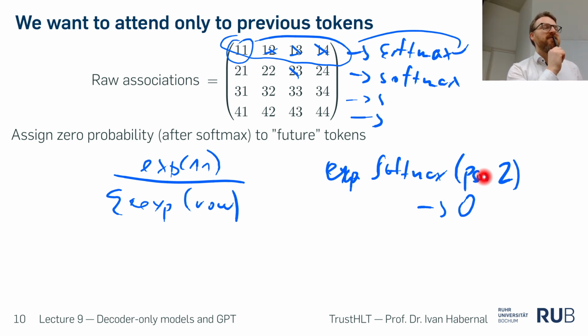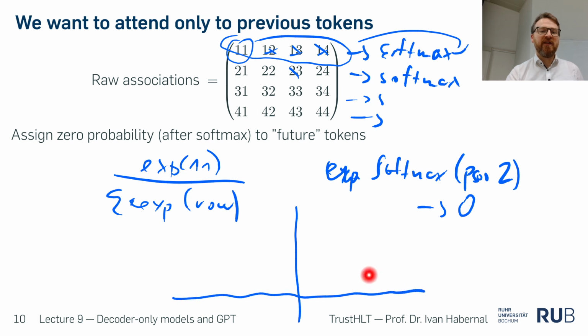The exponential function is converging to 0, so where does it converge to 0? This is a good starting point. What is the exponential function? At 0 it's 1, and then it grows exponentially.